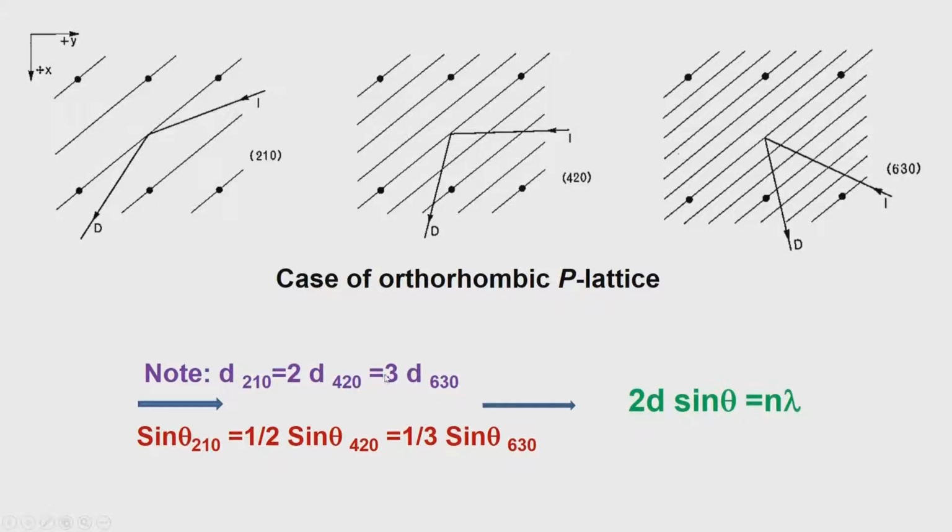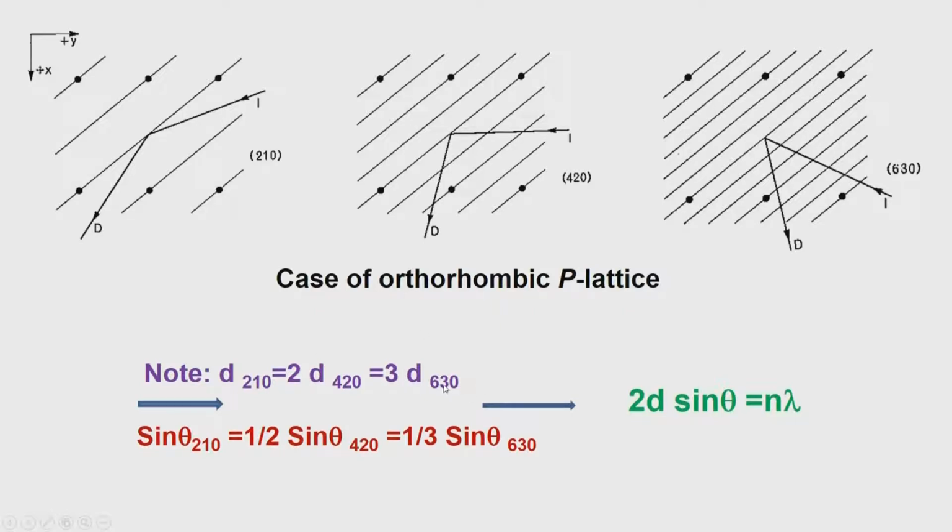So the spacing d210 is 2 times d420, which equals 3 times d630.